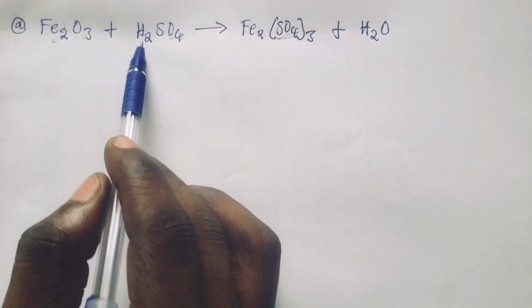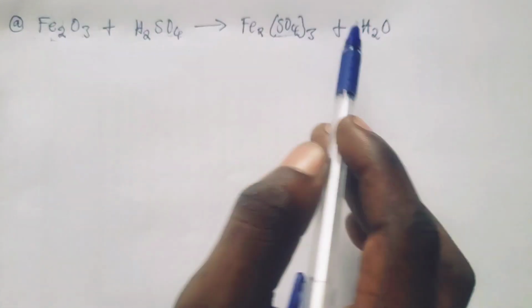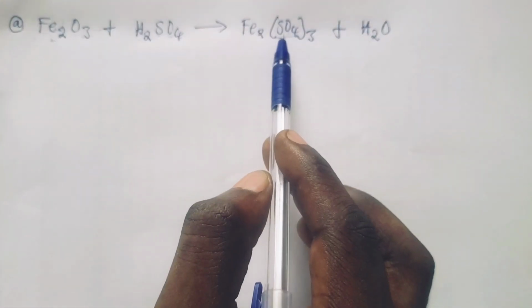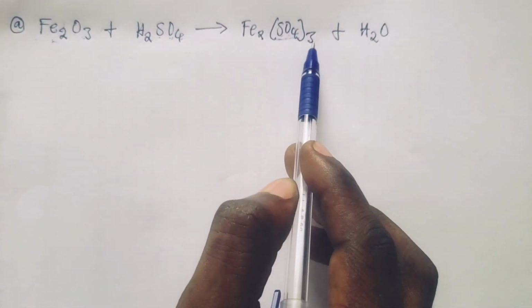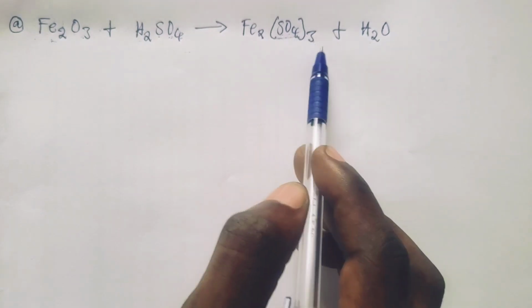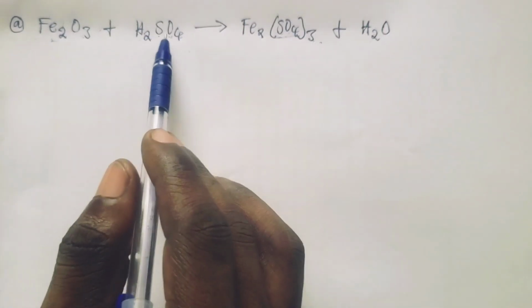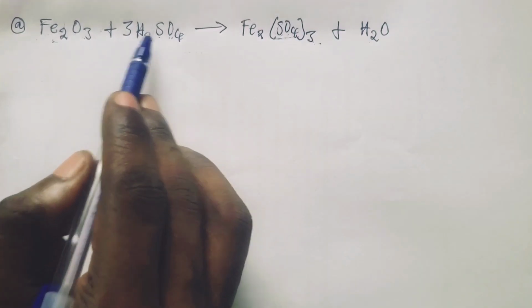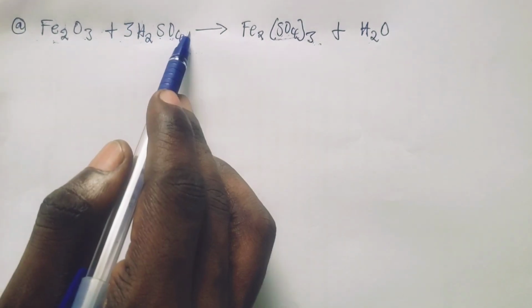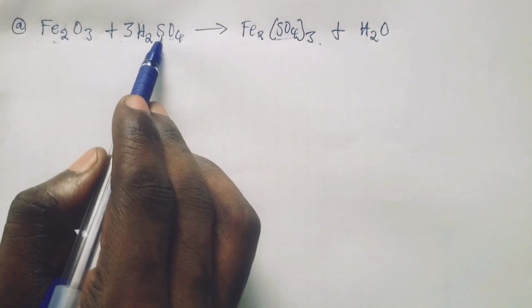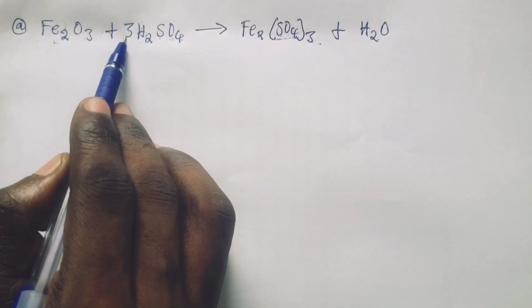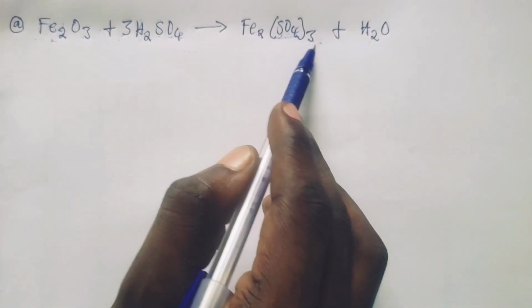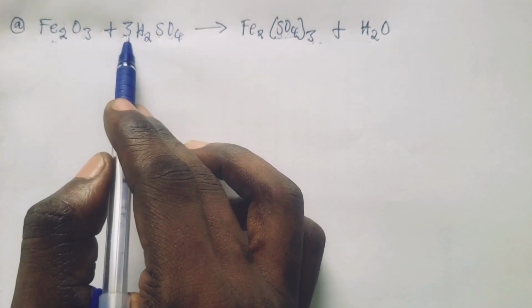We go to hydrogen first. Here 2, here 2. Then we go to sulfur. Here 1. What about here? These are 3 sulfurs. So if we add a 3 here, the sulfurs become 3 because this 3 affects everything here. So sulfur is balanced, because here sulfur 3, even here 3.